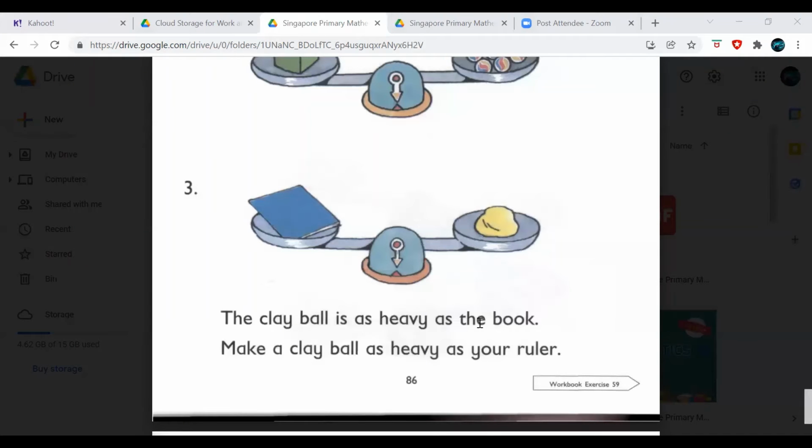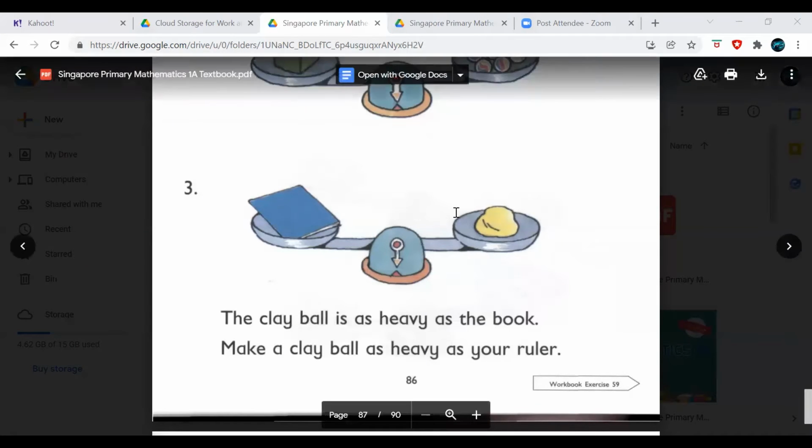I guess we can't really do that, but we know that a book is probably heavier than a ruler. So if we want it as heavy as a ruler, I guess we would make a clay ball that is much smaller. Let's say this size. Okay.